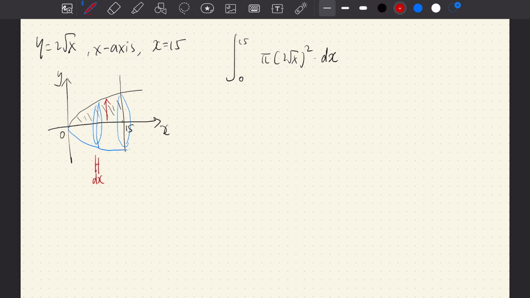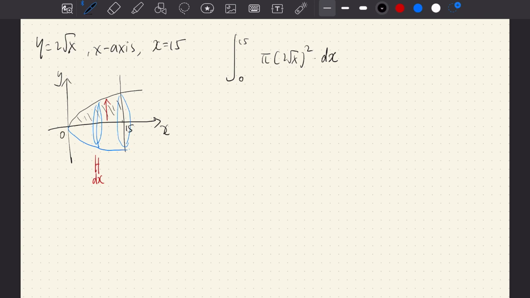So we can write the volume of the thin slice as pi r squared times dx, where r is now 2 square root of x. Then we add these slices together to get the volume of the solid. We integrate from 0 to 15 because the x coordinate ranges from 0 to 15.